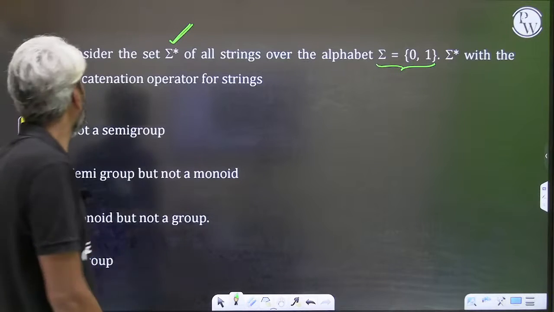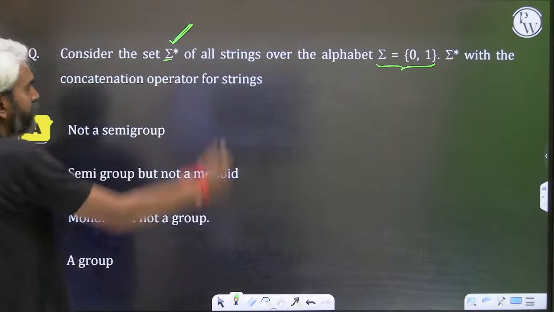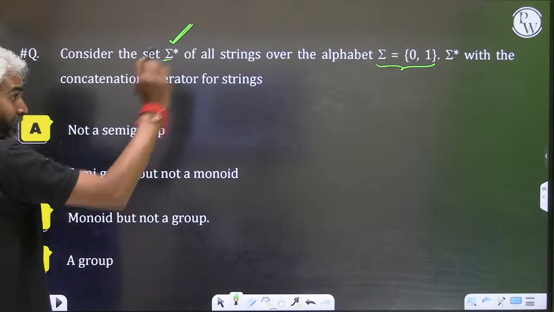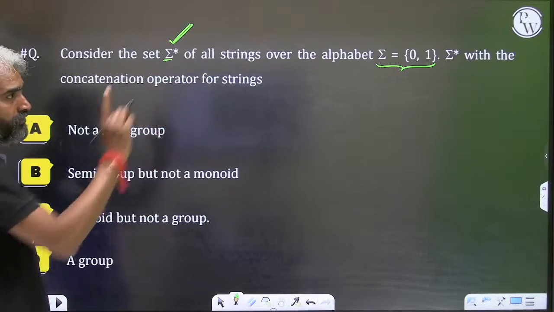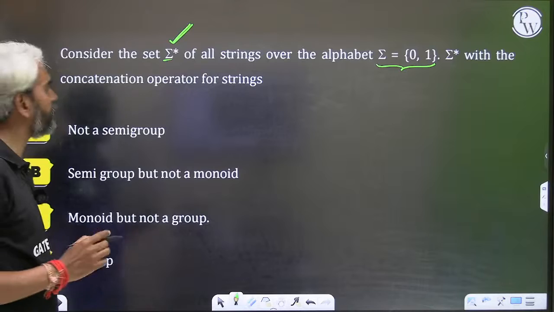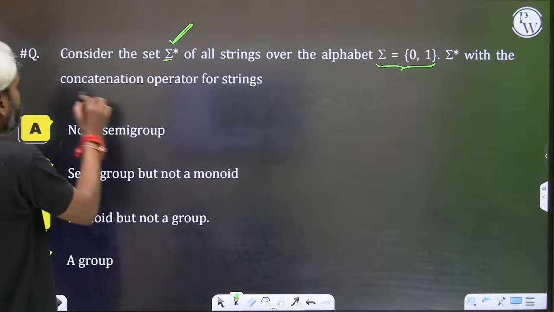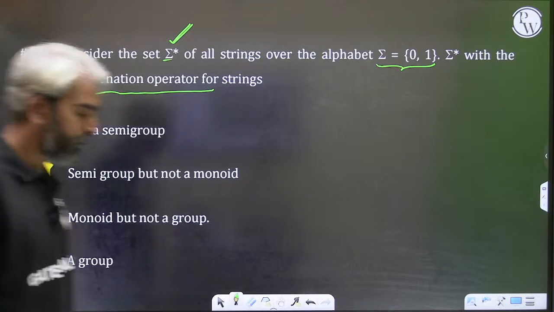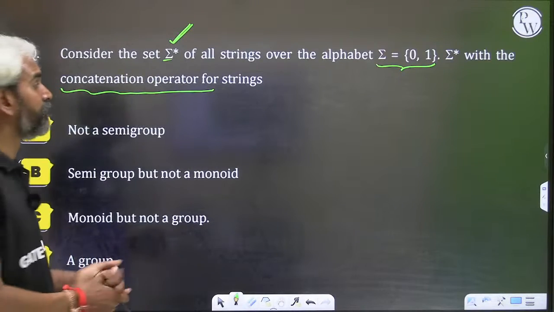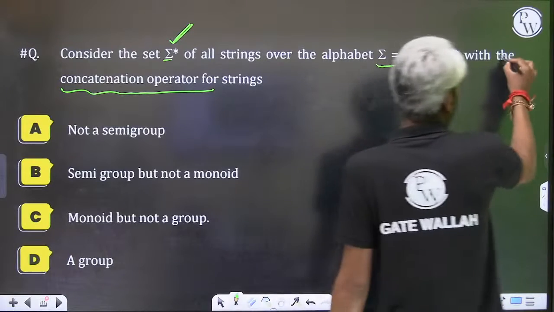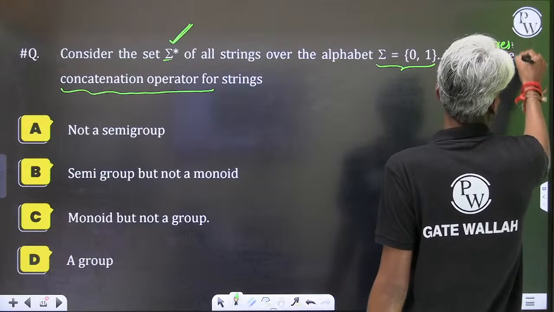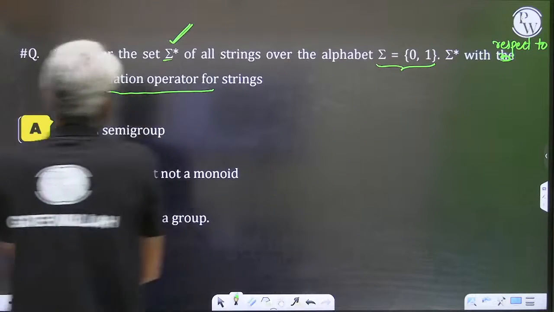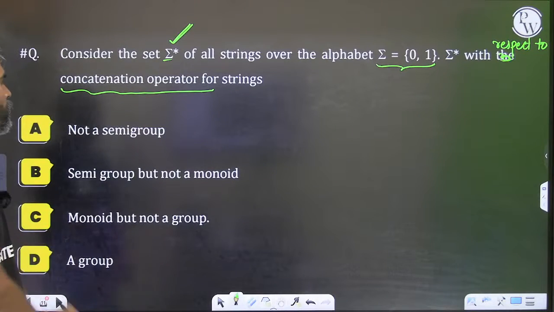Okay, thank you. So consider sigma asterisk, the set of all strings over the alphabet 0 and 1. We are talking about the set of all binary strings of 0 and 1 with respect to the concatenation operation.